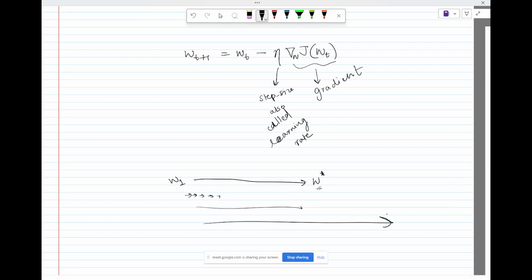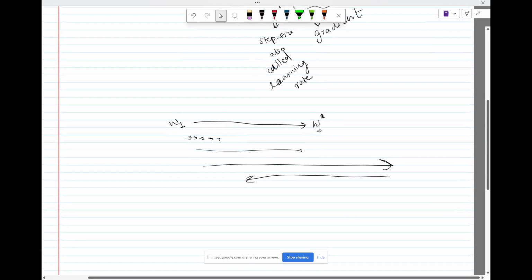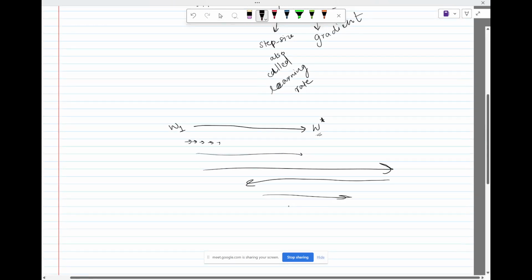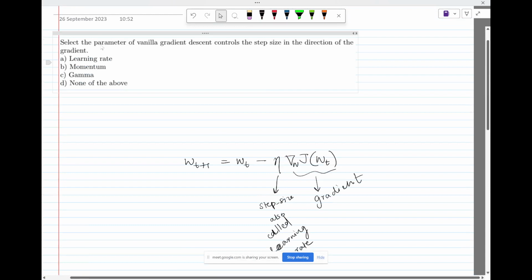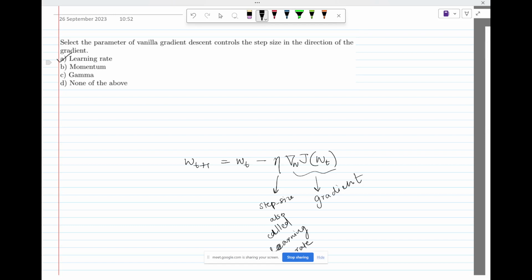We may reach somewhere here, then you will have to come back and keep doing that till you reach W star. This is when the learning rate is high. So the parameter that controls the step size in the direction of the gradient is the learning rate.